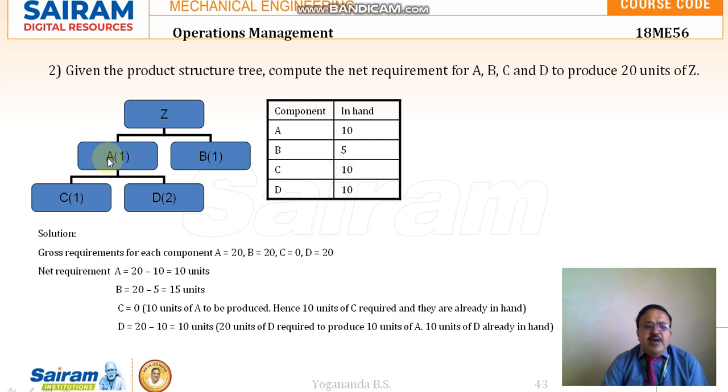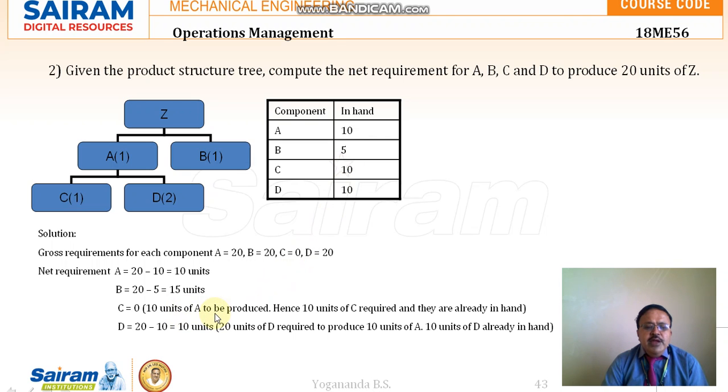Now, to manufacture 1 unit of A, I need 1 unit of C. So net requirement of A is 10 units, so requirement of C is now 10 units. But already in hand we have 10 units.